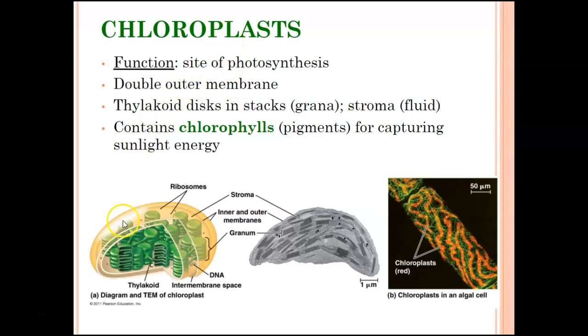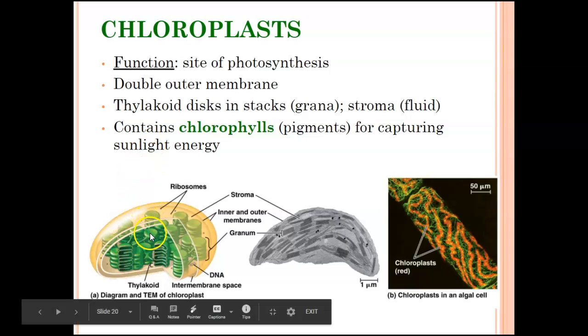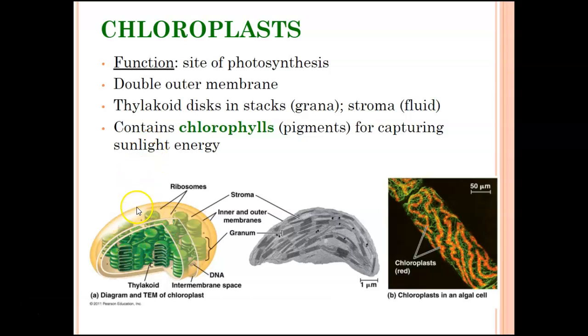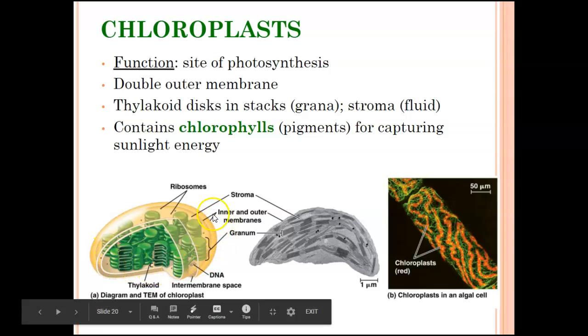Some terminology with chloroplasts. You see these discs inside the membrane of the chloroplast. These discs are called thylakoid discs. When you stack these discs together, and they are pretty much exclusively found stacked together, we call these stacks grana.